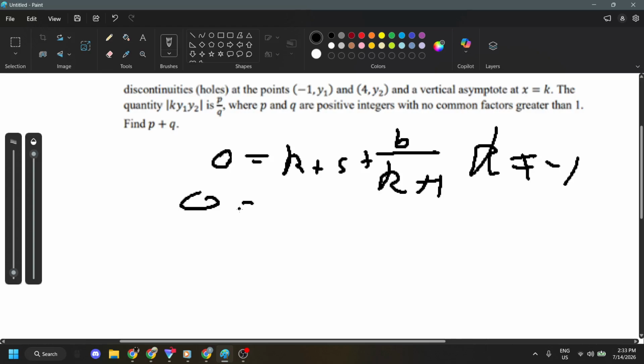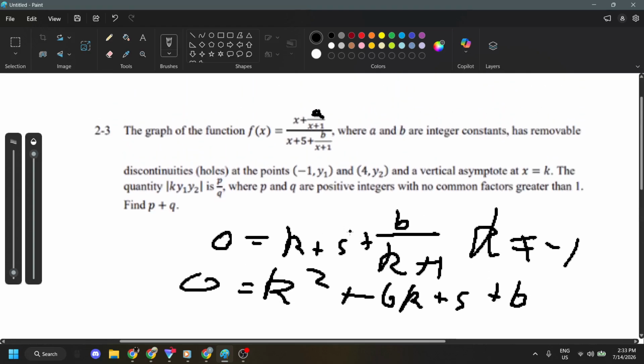We got 0 is equal to k squared plus 6k plus 5 plus b. So when we get our solution for k here, then we know.